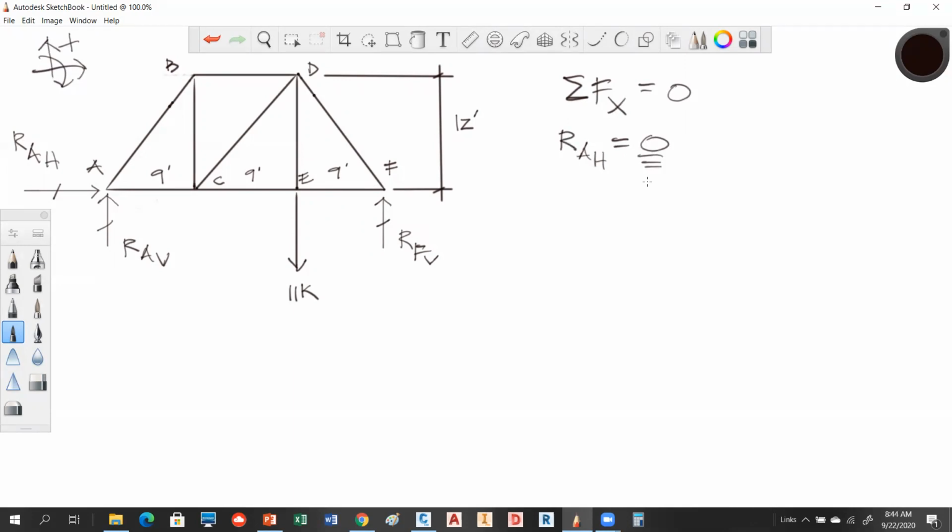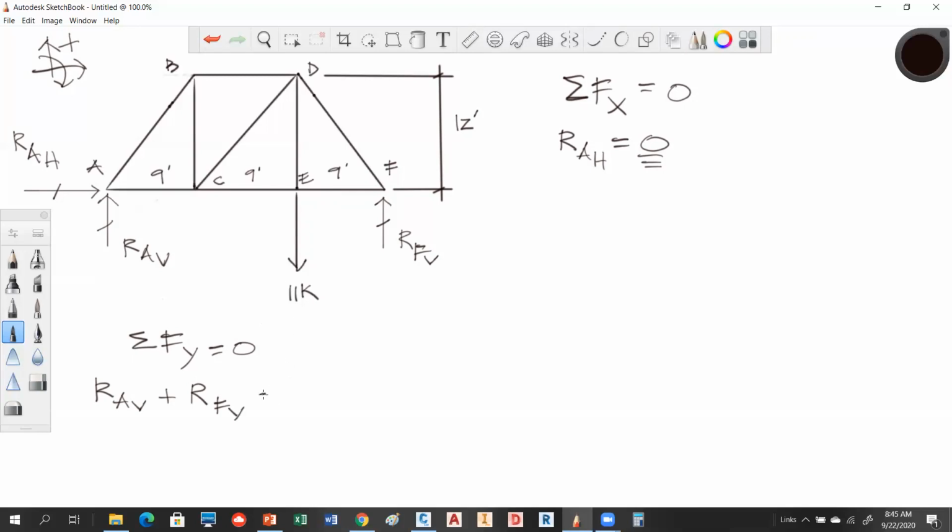Okay. Sum of forces in Y, let's see what's going on there. Sum of forces in Y, we have RAV. Now remember, I just modeled that up, so that could change. And I'm going to tell you if it does change, then when you get back into your free body diagram, you're going to want to flip it because that'll make a big difference.